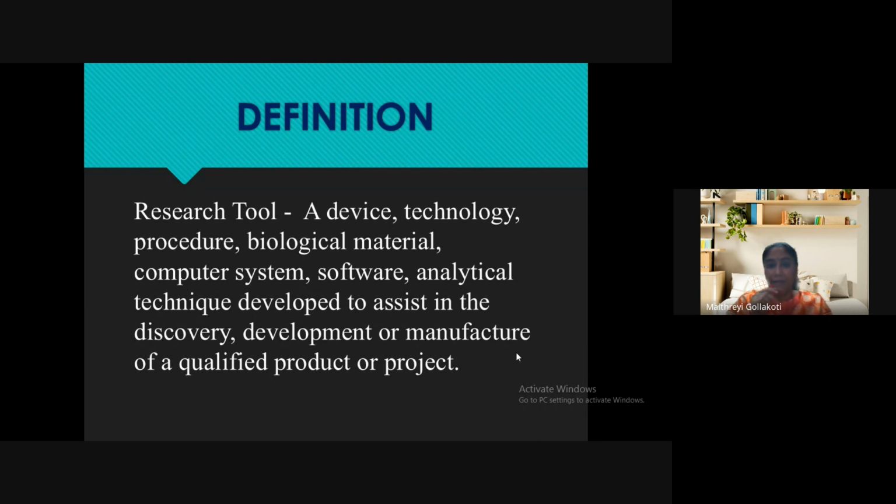If I am inventing a vaccine for some virus like COVID, I will use biological material like blood, plasma, all these things. So if I am conducting a research in computers, I will definitely use computer systems and software. And analytical technique. If I am analyzing market trends, if I am analyzing shares, all these things, I will use analytical techniques.